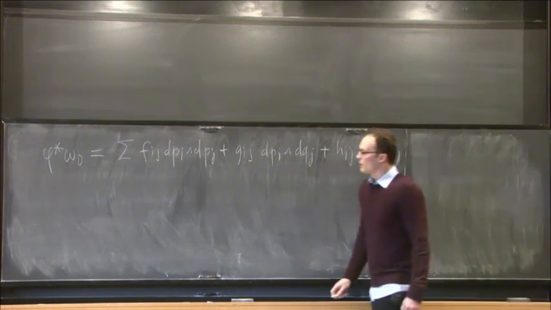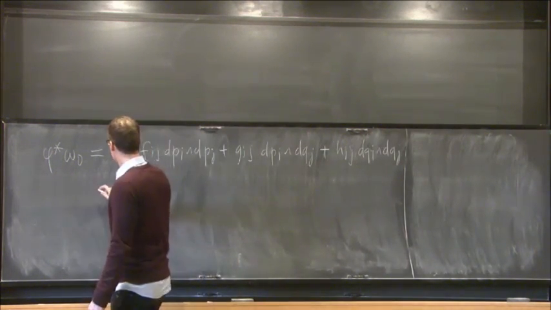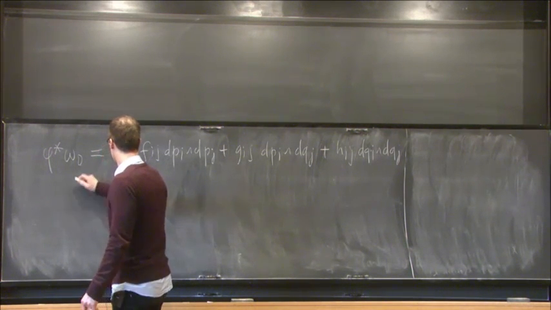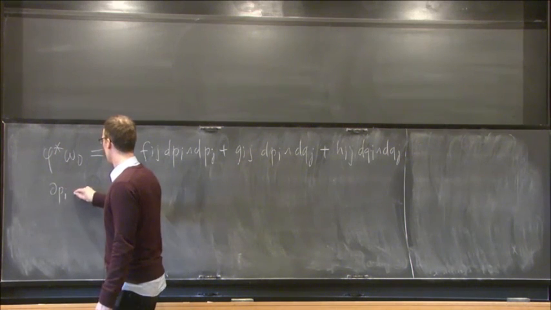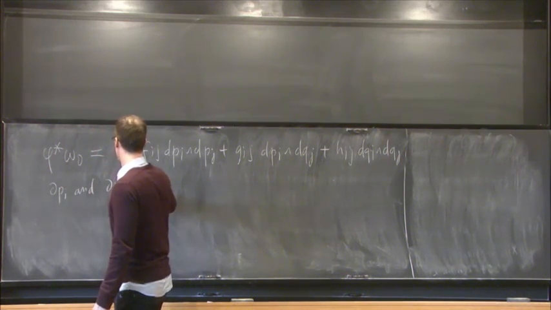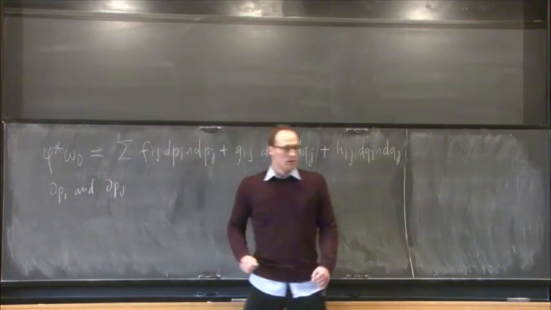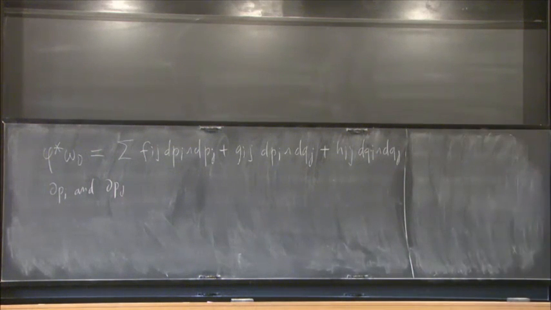And what I know is that Lagrangian submanifolds are preserved. So if I pick the vectors, say dp_i and dp_j, they span an isotropic subspace of R^2n. So I can expand that to a Lagrangian basis. And that in turn I can expand to a symplectic basis.